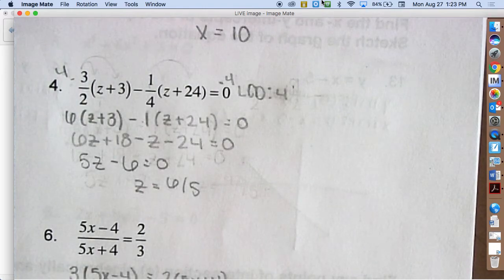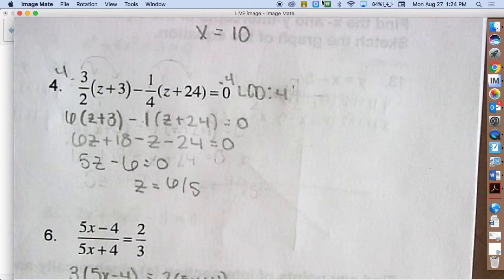Okay, so the original problem was 3/2 times z plus 3 minus 1/4 times z plus 24 equals 0. So then you find the least common denominator, which is 4. So then you get 12 over 2, which simplifies to 6, times z plus 3, and then 4 over 4, which simplifies to 1. So then you get minus 1 times z plus 24.